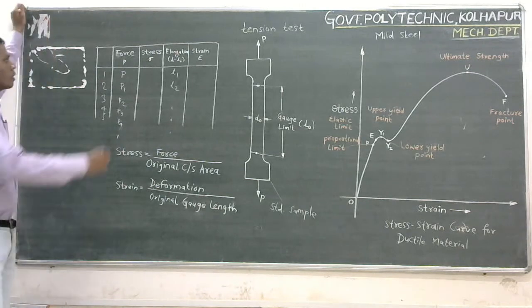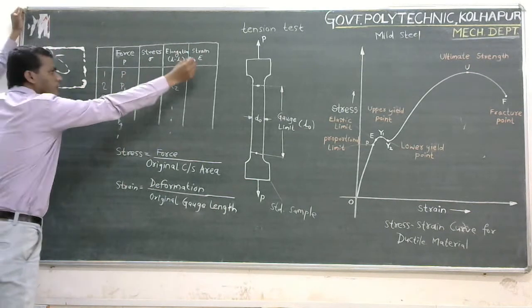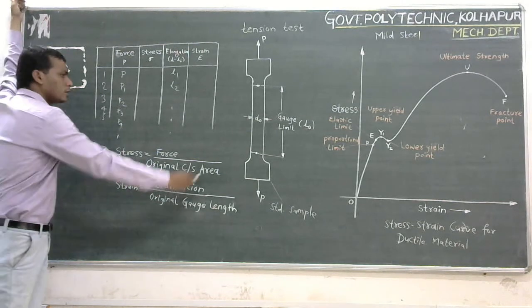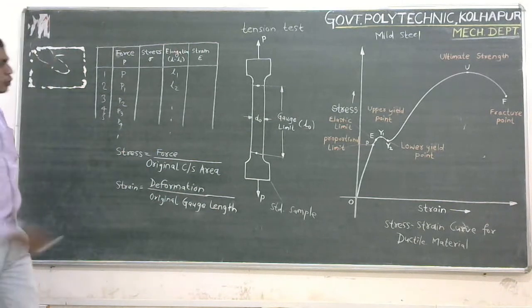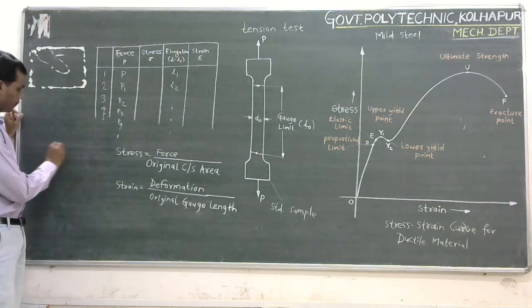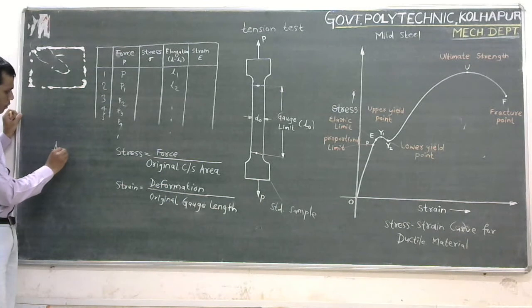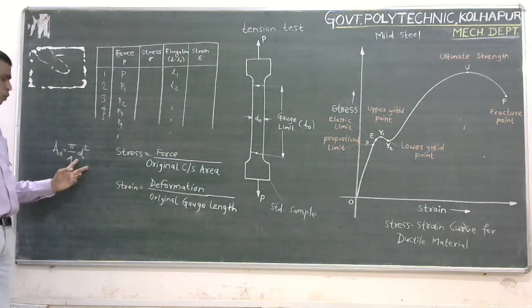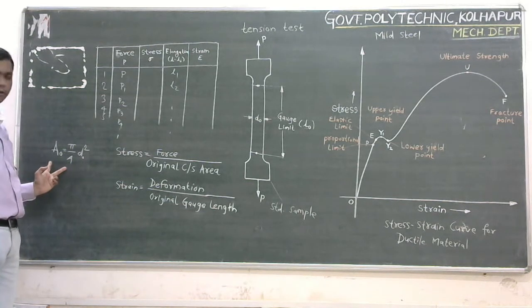Now come to the next point, stress and strain. So stress is force upon original cross-sectional area. The original diameter is D0, so the original cross-section area will be A0. A0 is equal to pi by 4 into D0 square, the original diameter square. So this is the original cross-section area.